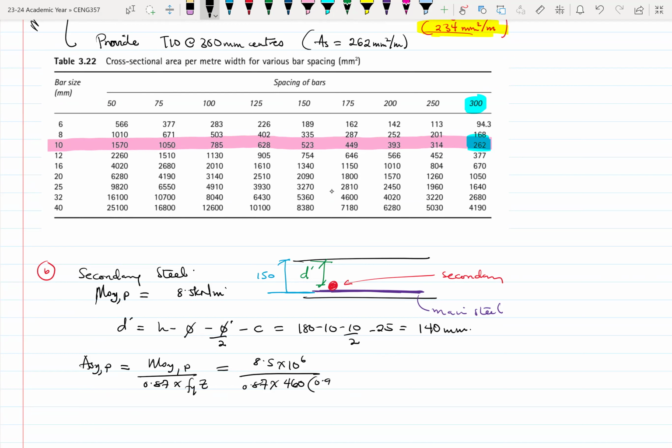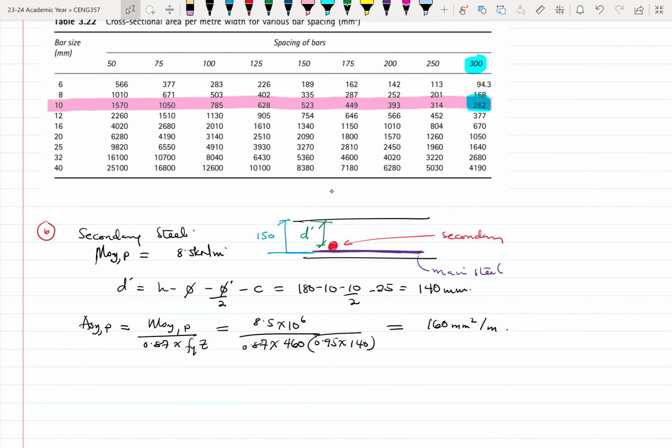Okay, so let's look at what that will give us. This will give us 159 millimeter squared, let me put a point, 159.7. So that's roughly about 160 millimeter squared per meter.